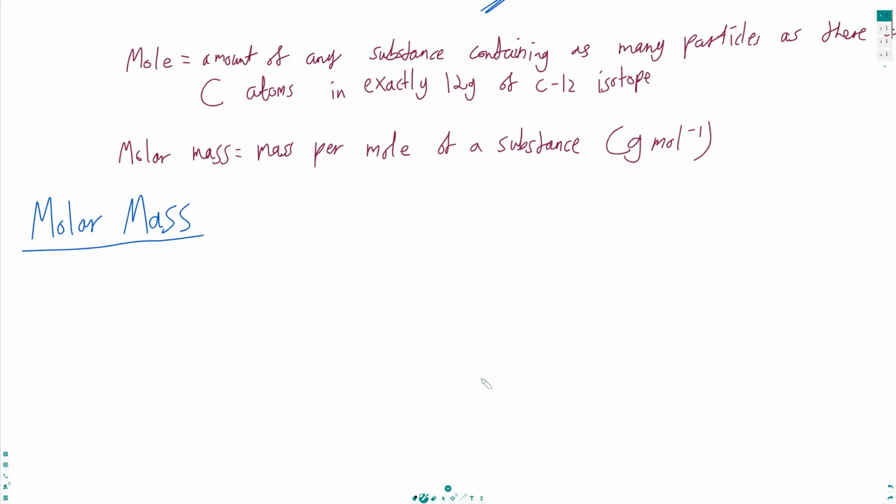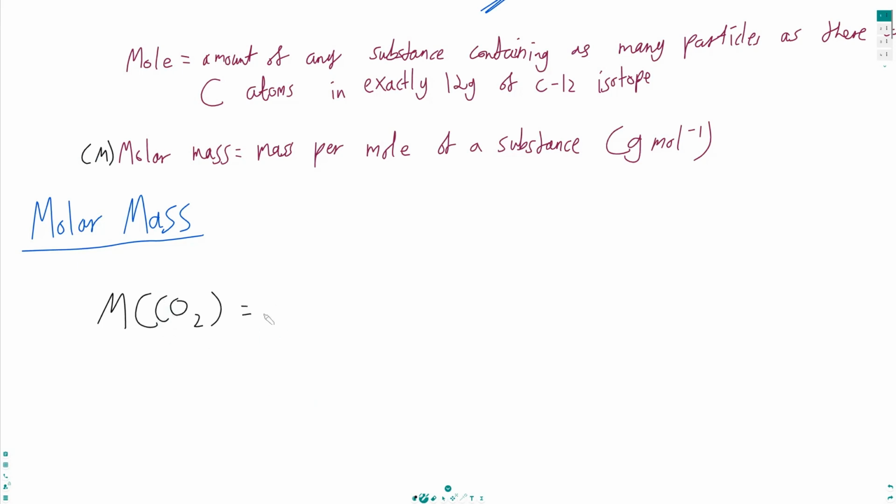For instance, the molar mass of carbon is basically the mass number, 12, as we mentioned before. And for carbon dioxide, if we take the M of CO2, then you need to do some math.